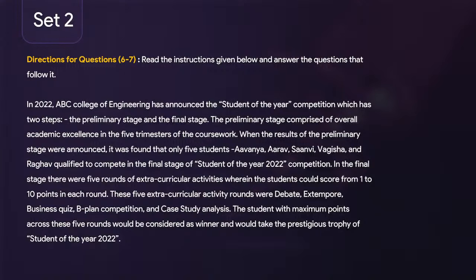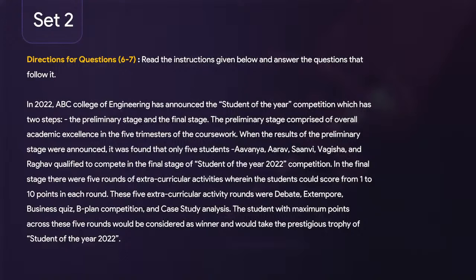In the final stage, there are 5 rounds of extracurricular activities wherein the students could score from 1 to 10. So this set is somewhat similar to what we have done. Now these 5 extracurricular activities are these 5, which are given. The student with maximum points across the 5 rounds would be considered as winner and will take the trophy.